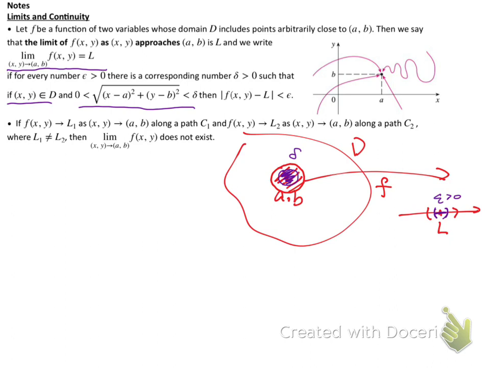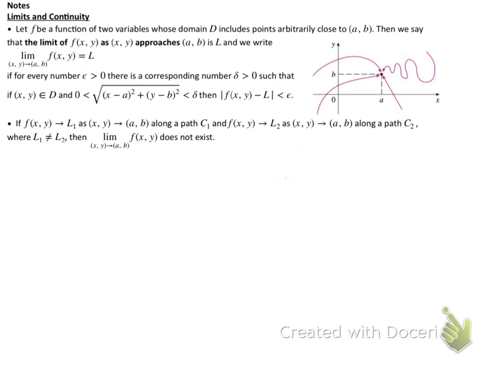Let me take away my drawing and continue. As I said, we are not going to do the precise definition, and with multiple variables it's harder to really prove a limit without it.